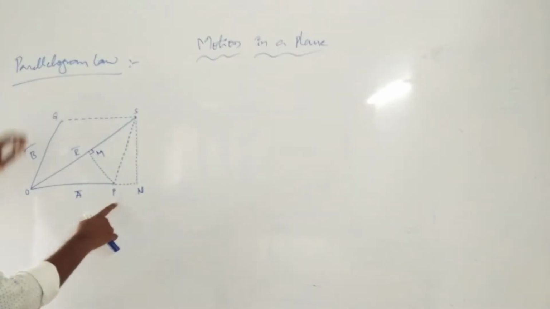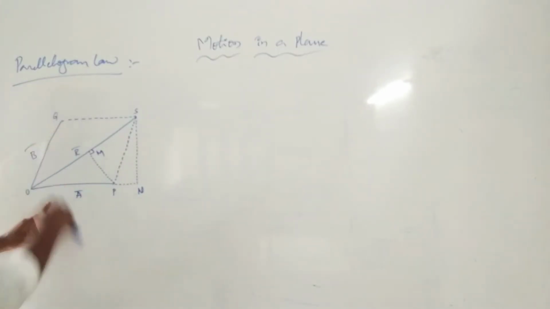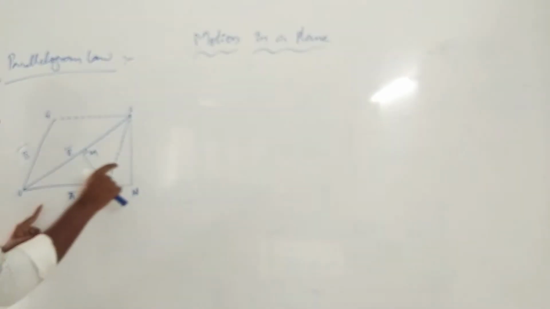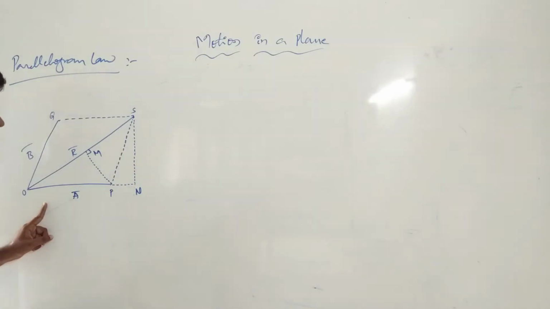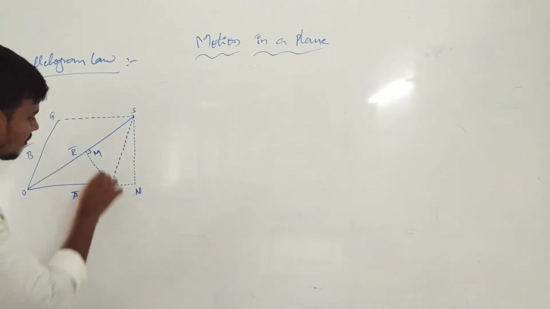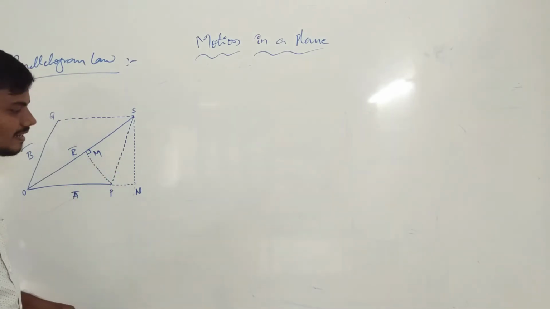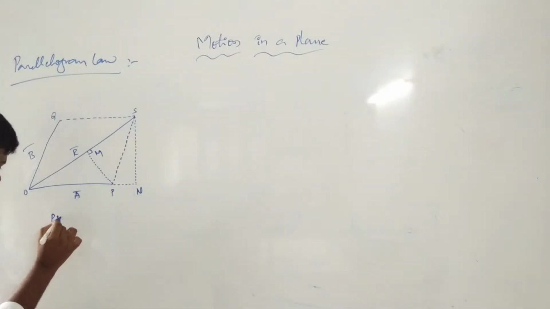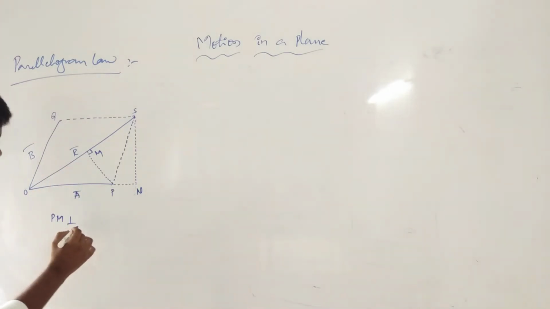The first vector is A bar, the second vector is B bar, and the resultant is R bar. Again we introduce triangles for this purpose. PM is perpendicular to the axis OS.